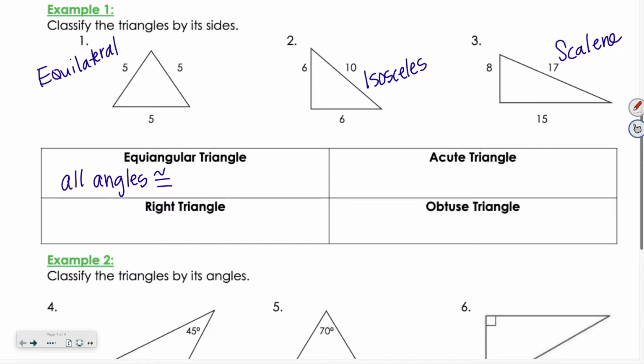So if you write the word equilateral, then you're going to have to write the word equiangular. Because if all of the sides are congruent, that means all of the angles are congruent. They're all 60. So if I know that my triangle is equilateral or equiangular, then I should know without it being marked that the angles are 60 degrees.